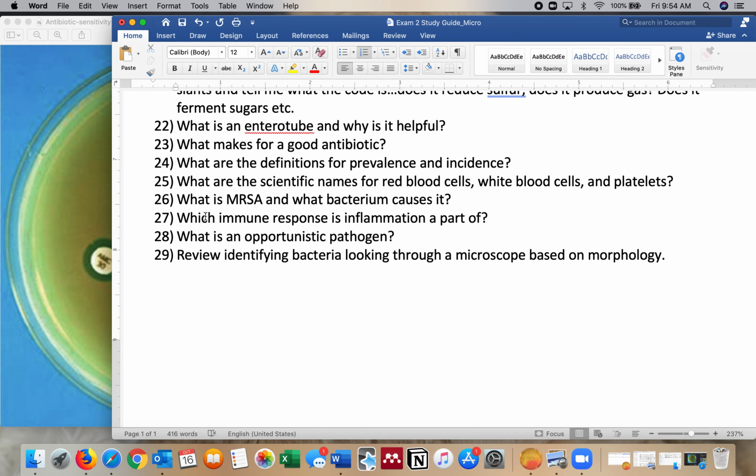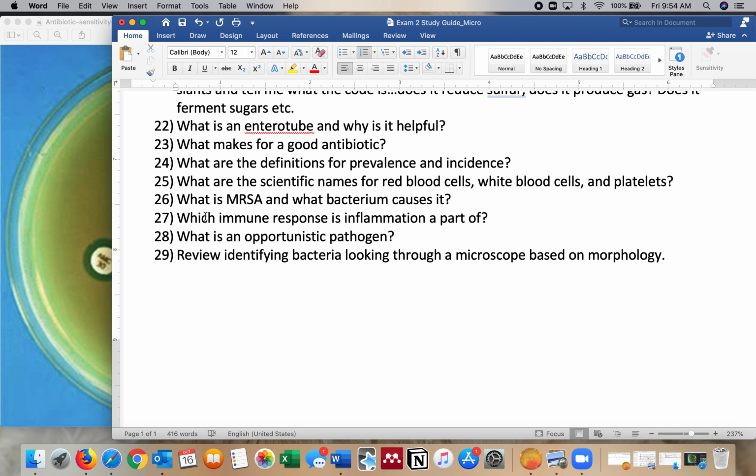The immune response. Okay, so some classes got to go over the immune response a little bit, and some didn't. Remember that we have the adaptive and we have the innate immune response. So the innate immune response is non-specific.